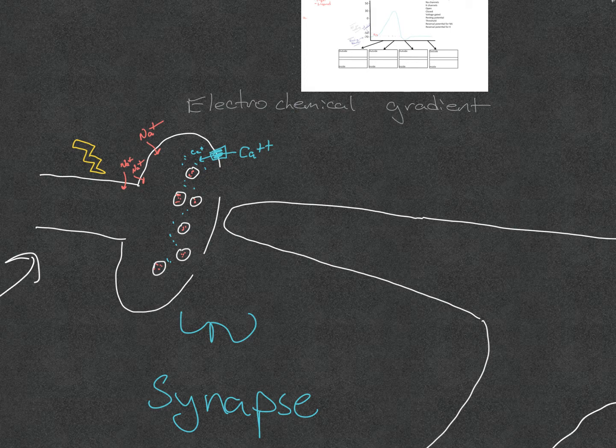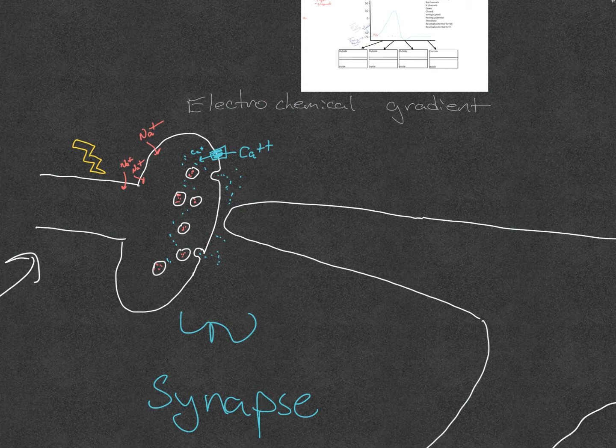So they fuse, and as they start to fuse, they release the neurotransmitters into the synaptic gap, the synapse here. The membrane that used to be part of the vesicle becomes part of the plasma membrane.